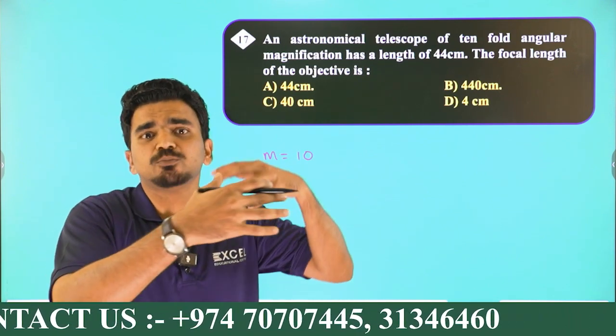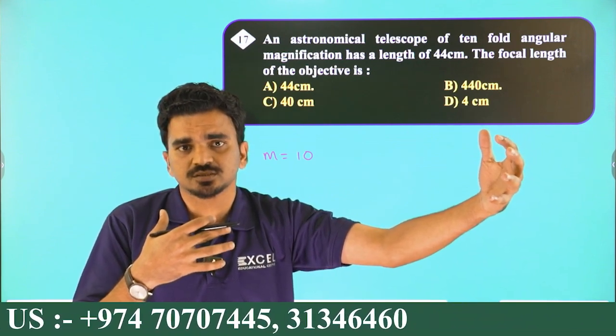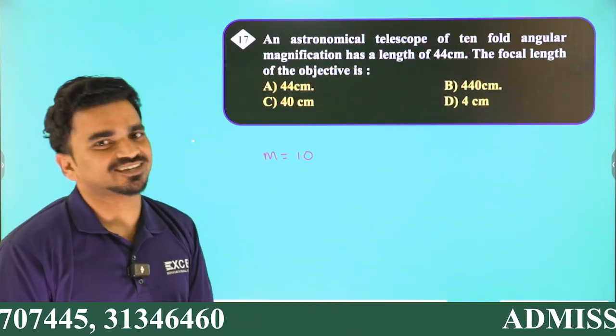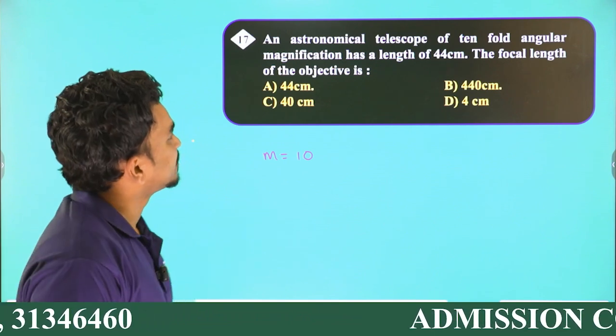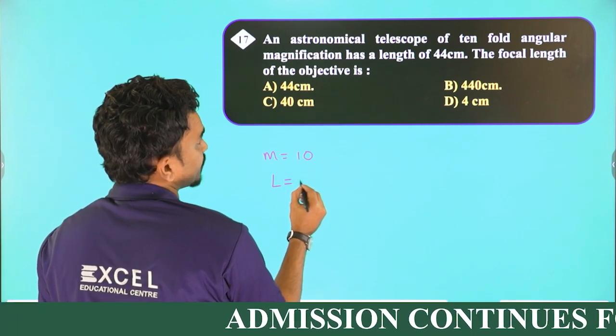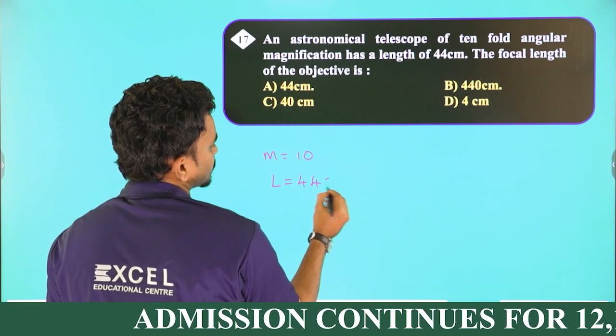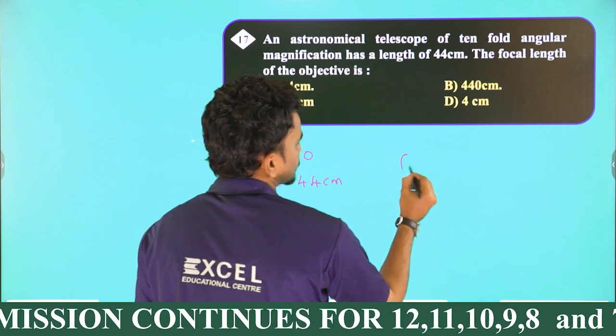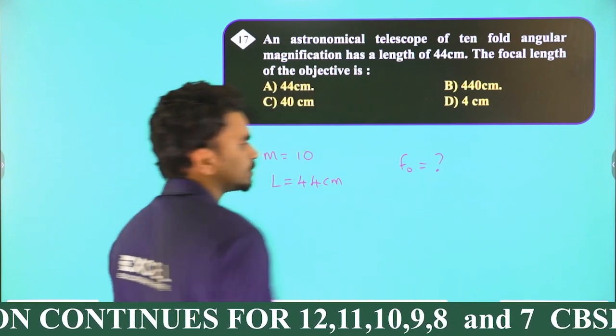The image is how many times enlarged. Yes, it is given 10-fold, 10 times. And length is also given, 44 centimeter. What were they asking in the question? Focal length of objective.